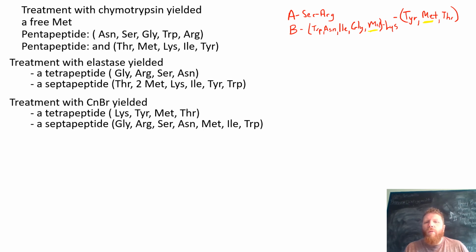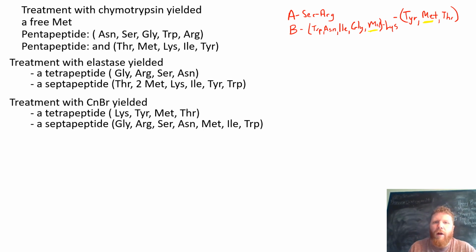Now, we could make some guesses. What we do know, however, is that chymotrypsin is going to cut after a bulky aromatic residue. So it's going to cut after something like a tryptophan or a tyrosine or a phenylalanine. We don't have to worry about any phenylalanines being here, but it's going to cut after those.